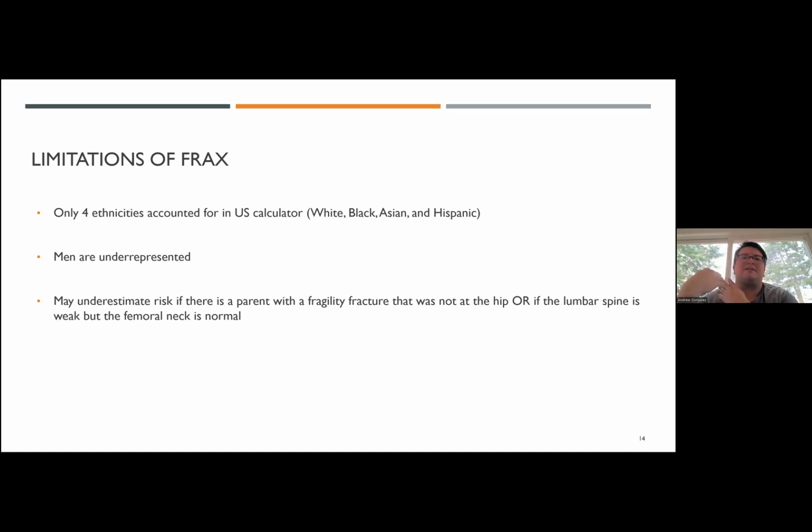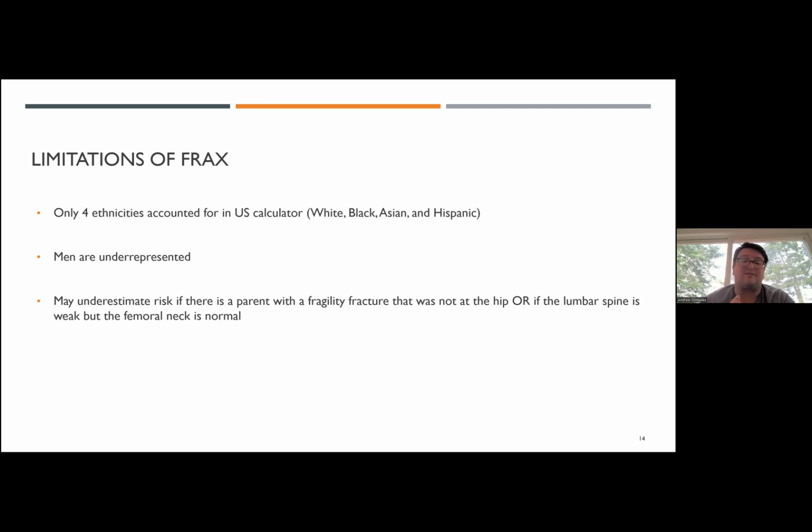Not only does this bring into the conversation social equity and bias, but also just logistic questions. Like, if you give me one option, I have no idea what I am supposed to put in there as a Hispanic white guy. But be that as it may, men are also underrepresented within the data set of the calculator.